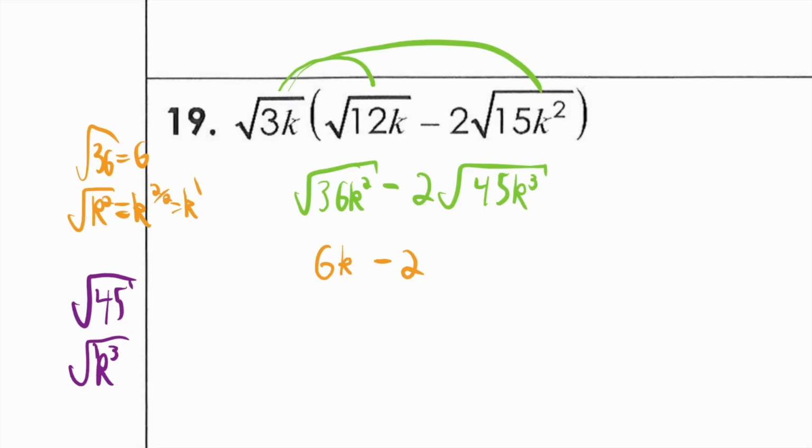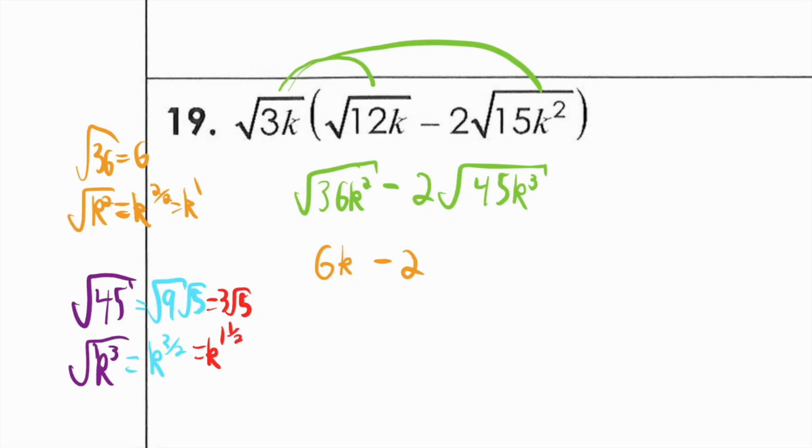So the square root of 45 is the square root of 9 and the square root of 5, which would be 3 square root of 5. And square root of k cubed is k to the power of 3 over 2, which is the power of 1 and 1/2.